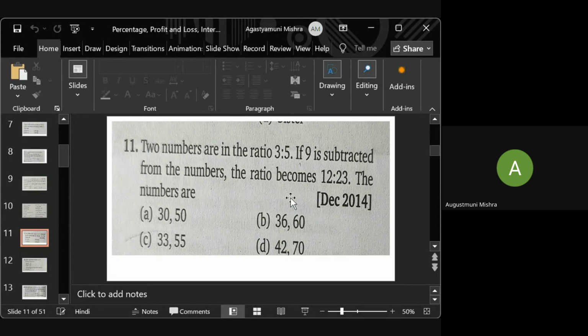Two responses we have, that is C from Bhavya ma'am and Prashant sir.